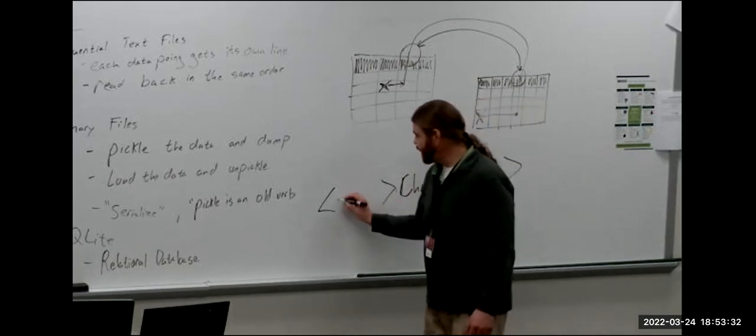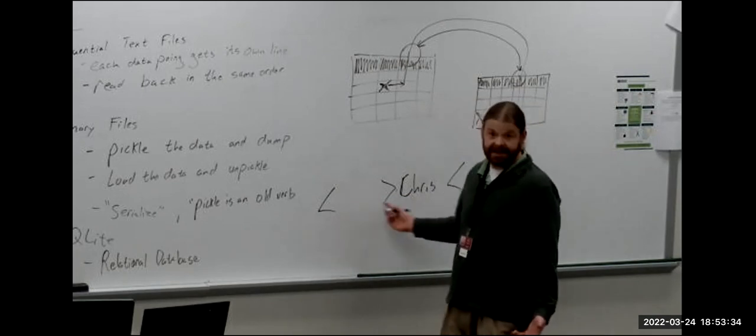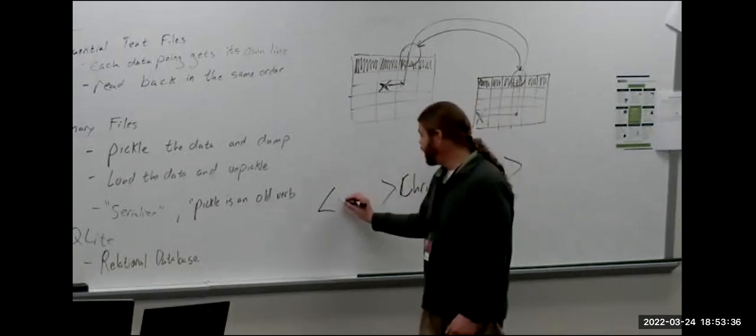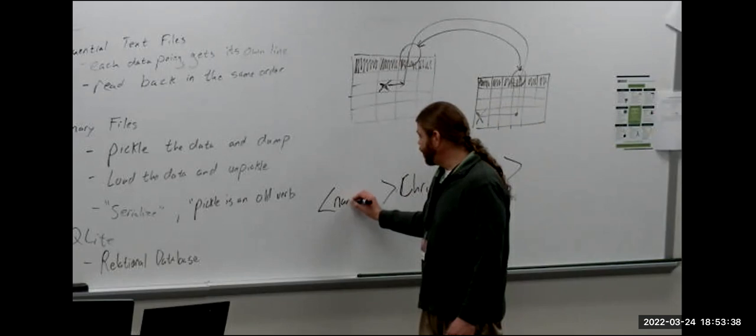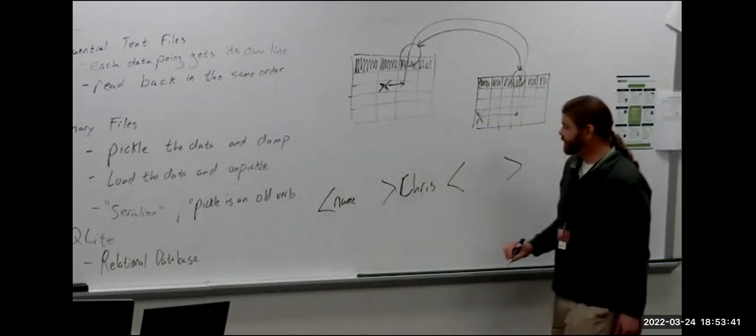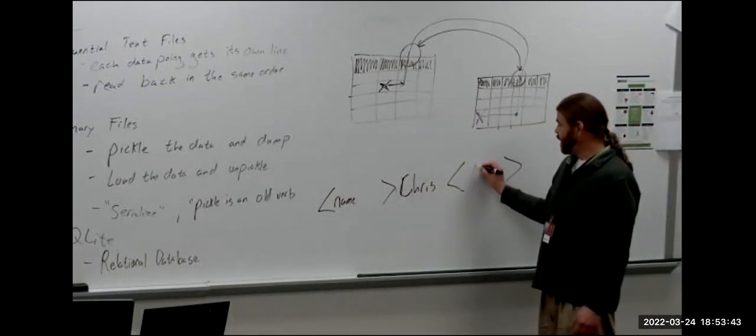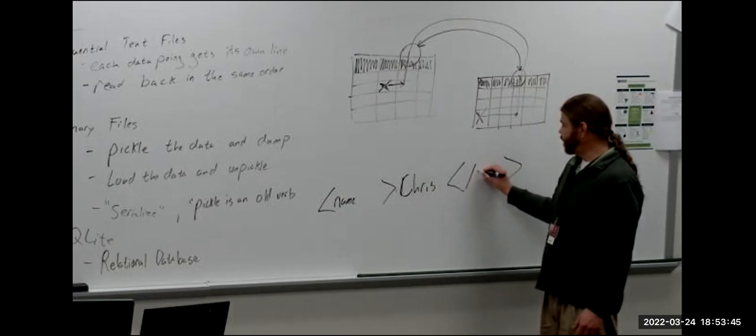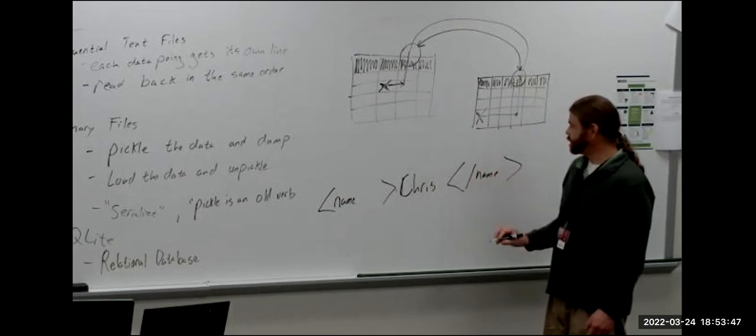So we could say what type of data we have. Obviously it's text-based data, a string, but we can give that a more unique identifier. Say name, and then a forward slash and name to say where it ends.